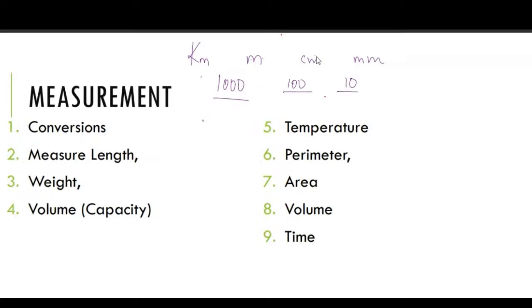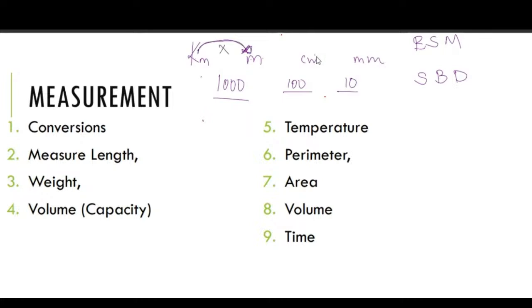Another thing you have to remember: big to small, we need to multiply, whereas small to big, we need to divide. You understand? Simply meaning, if you're changing kilometers to meters, we need to multiply.